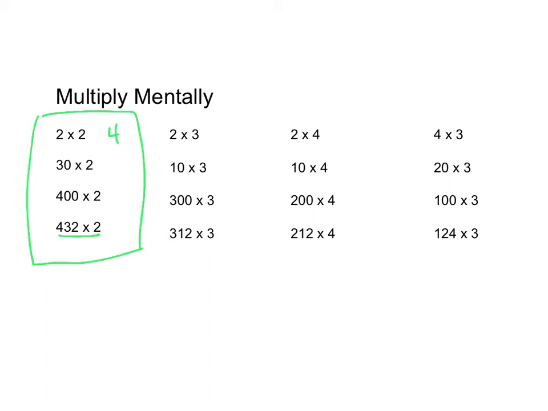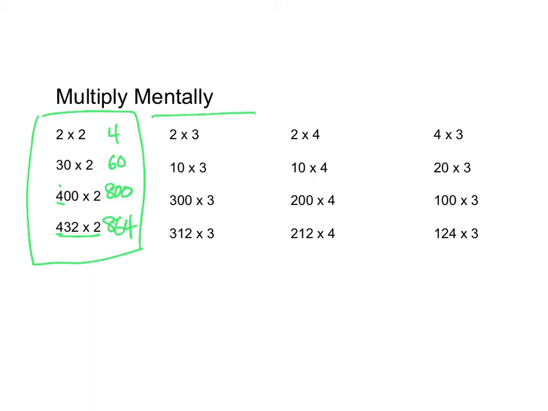We have 3 tens, which is 30, times 2. Well, 3 times 2 is 6, times 10 is 60. We have 4 hundreds, times 2. 4 times 2 is 8, times 100 is 800. So when we add those all together, our answer for 432 times 2 is 864.